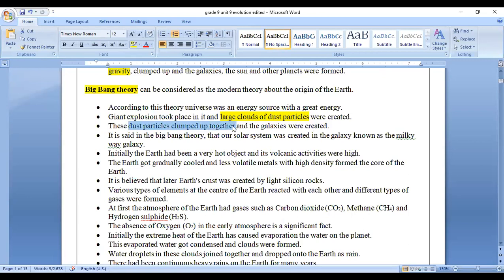The clumping of the dust particles created the galaxies. How galaxies were created? You have to write this way. By the clumping of the dust particles together. Write the answer in that manner.